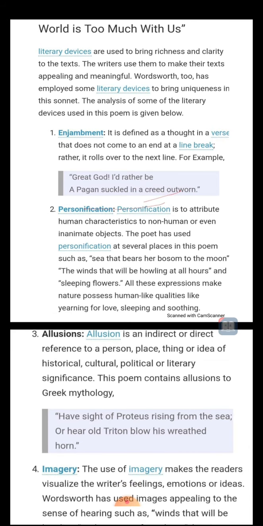So in the line, the sea that bares her bosom to the moon, here he compares the sea to a lady, because a lady wears a pendant or a chain on her neck, and that chain enhances her beauty. In the same way, he compares the sea to a woman who has worn a chain and a pendant when the moon is reflected on its surface.